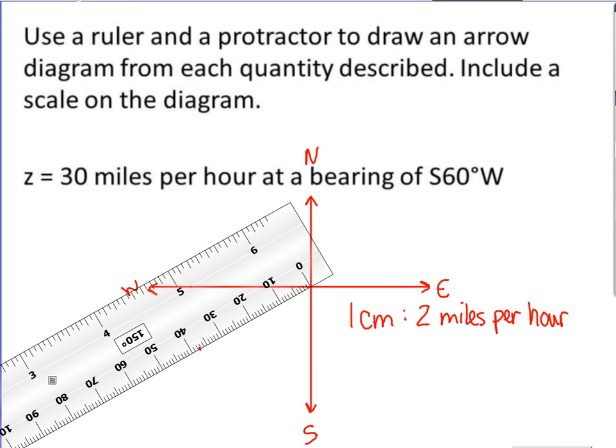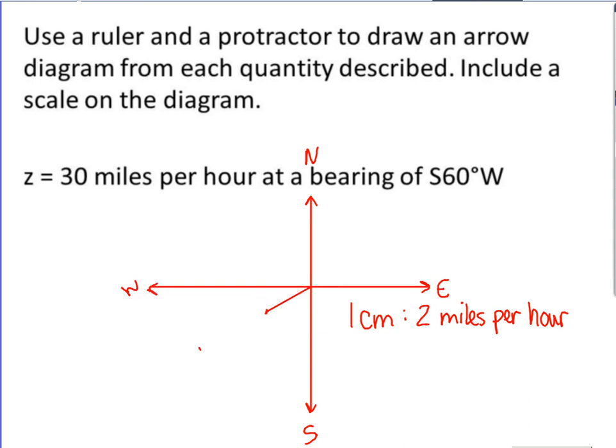Since our measurement should be 30 miles per hour, 30 divided by 2 gives us 15. So we need to measure out 15 centimeters. This would be our vector, and we do need to mark our angle.